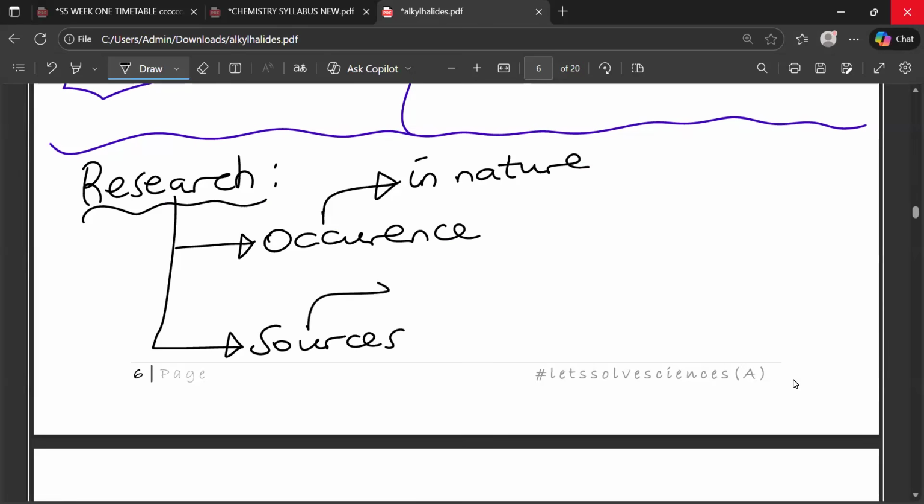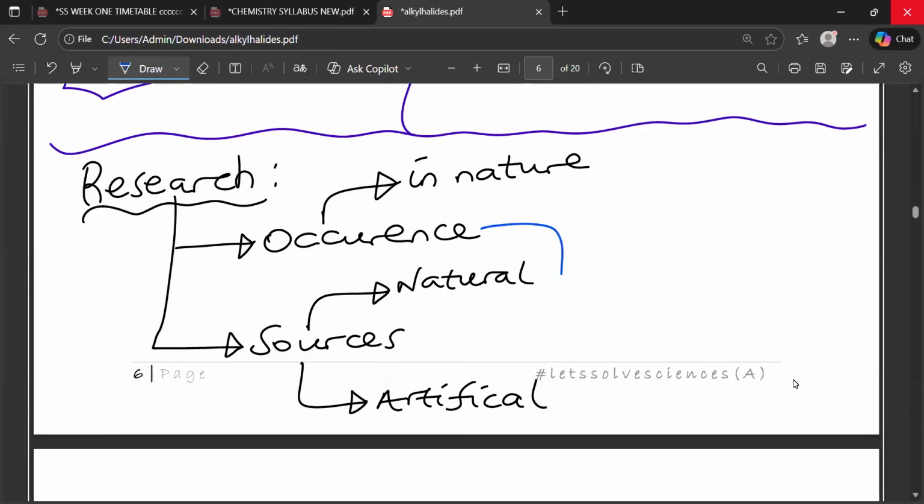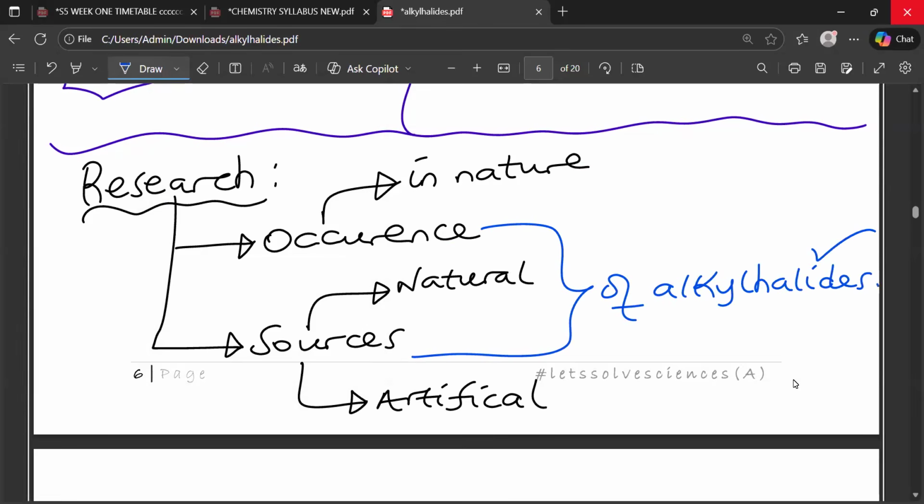When I say sources, I mean the artificial or synthetic, natural, and biological, of basically today's topic, alkyl halides. That's what we are handling. Just read about them. Use the internet. It is okay. I just want to give you real chemistry. That is your research work.